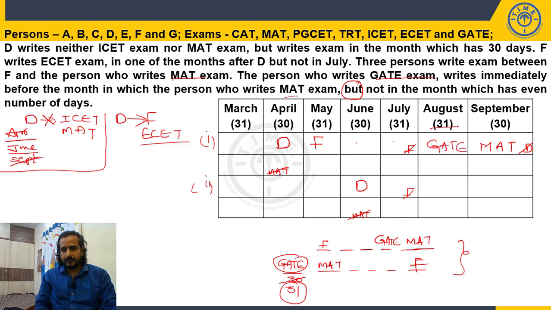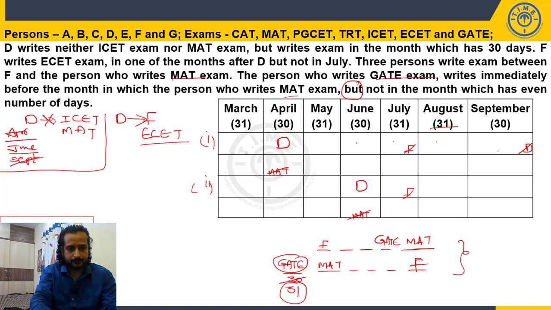GATE in the month of 31 days. Yes, perfectly matching. Any issue? No. So this is a possible case. Let me erase this. Keep it aside, because we need to check each and every case, right? So F is possible in the month of May, where I am rounding up.